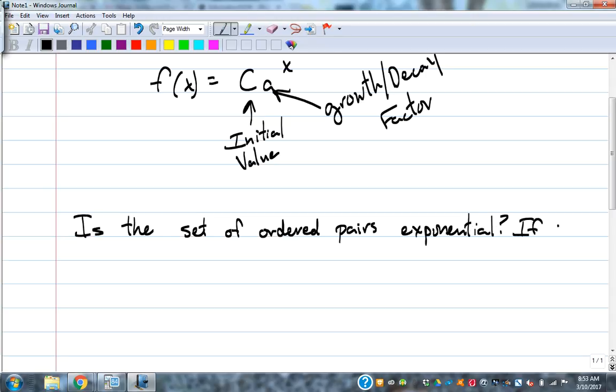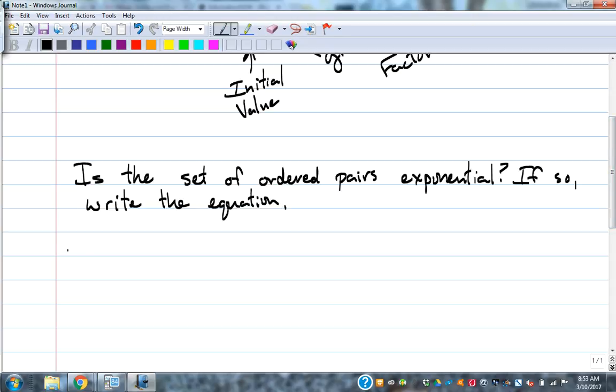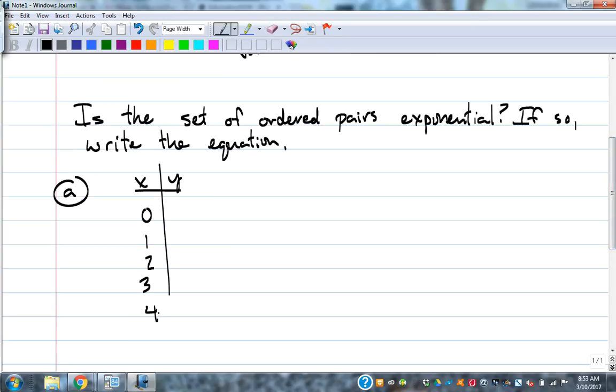If so, write the equation. Example A, let's just get a table here. 0, 1, 2, 3, and 4.